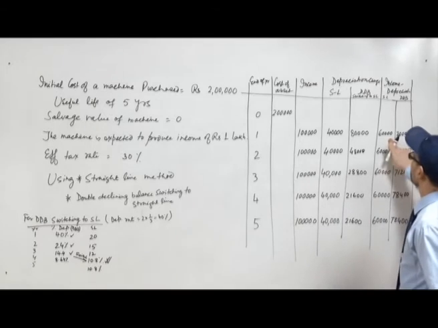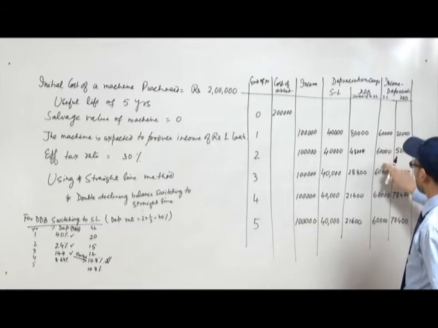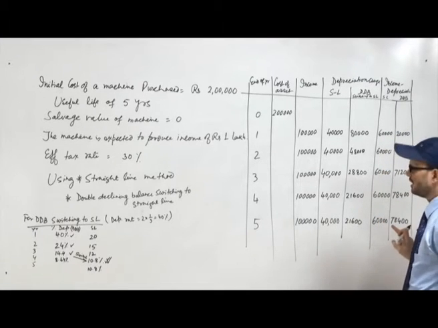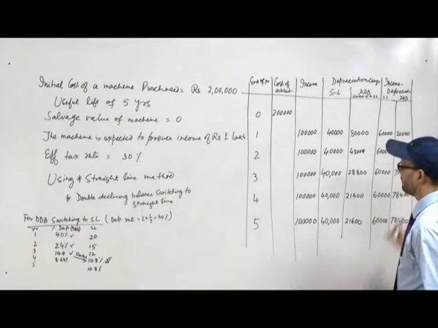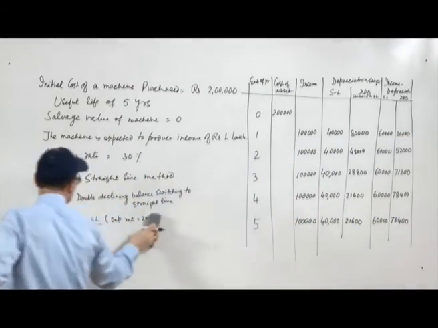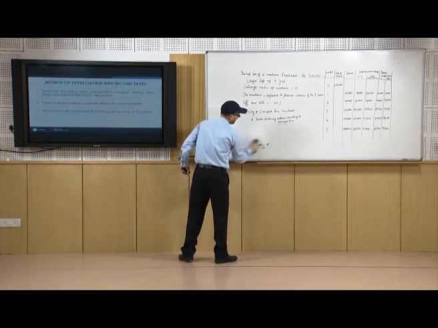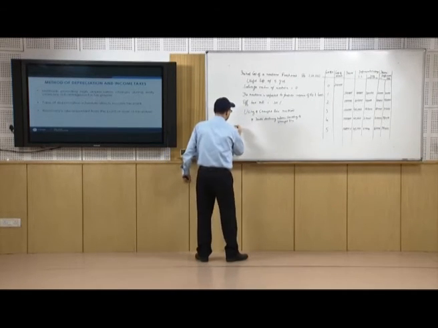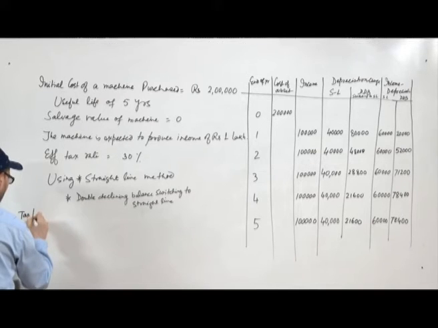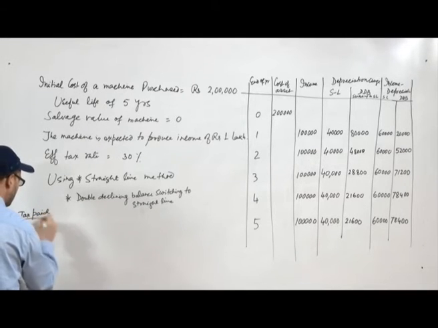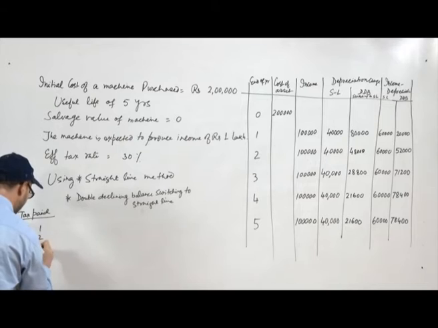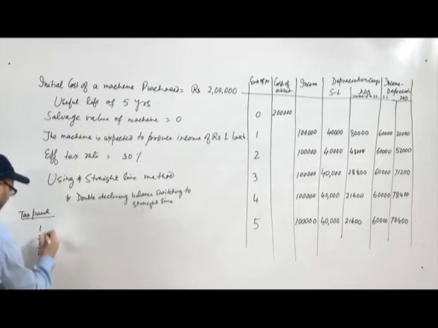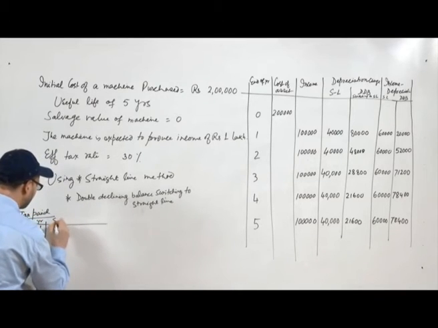So, it will be 18,000 every year, and in the other case you have different amounts. So, let us see how this amount will be calculated. Now, tax paid during the first, second, third, fourth and fifth year using straight line.